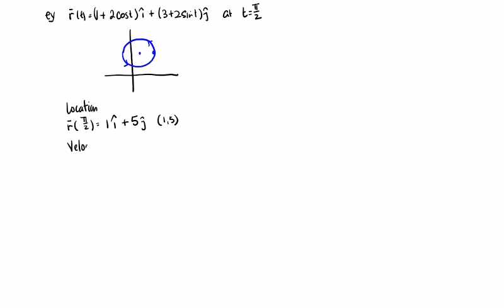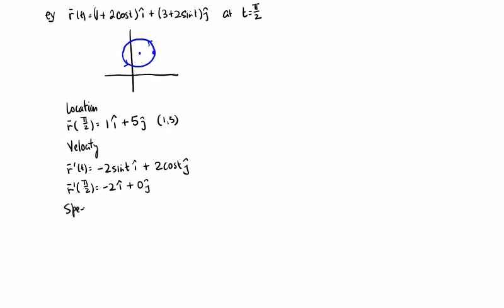The velocity. Take the derivative. Derivative of cosine is negative sine. Derivative of sine is cosine, so we get 2 cosine t. Plug in the point. Sine of pi over 2 is 1, so I get negative 2i and 0j.